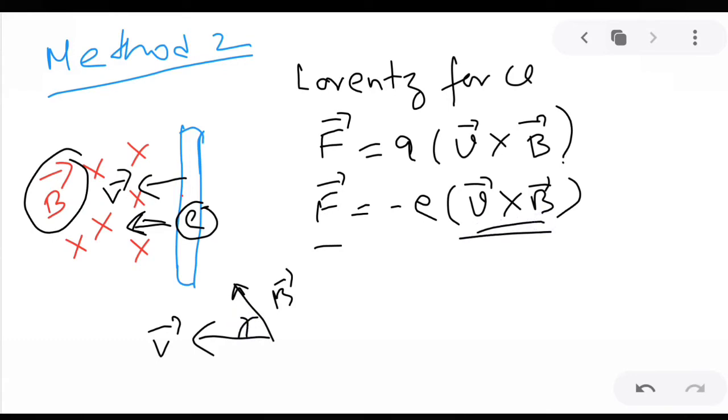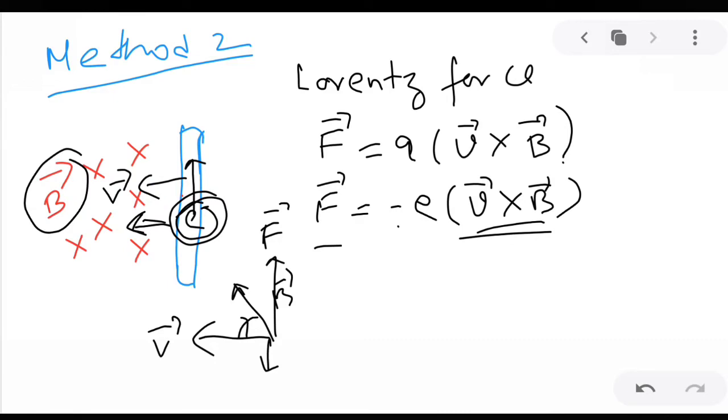If we take V cross B, it will be in the downward direction. But the negative of V cross B means the force will be in the upward direction. So these electrons will experience a force in the upward direction.